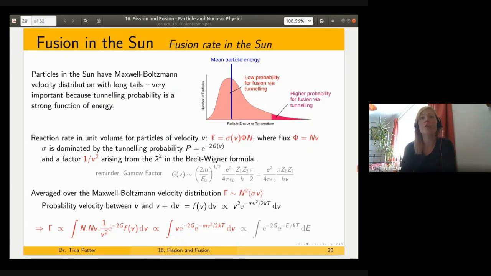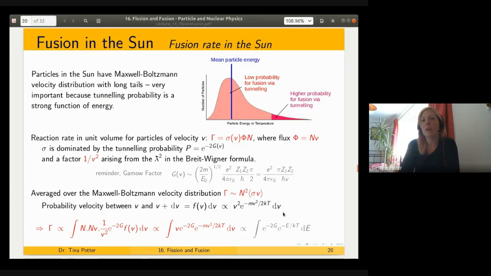So we know the cross section is dominated by the probability for tunneling to happen, and we can use our gamma factor that we had a look at originally for alpha decay. We're going to have an additional factor of 1 over v squared coming into the gamma factor from the 1 over p squared in the Breit-Wigner formula.